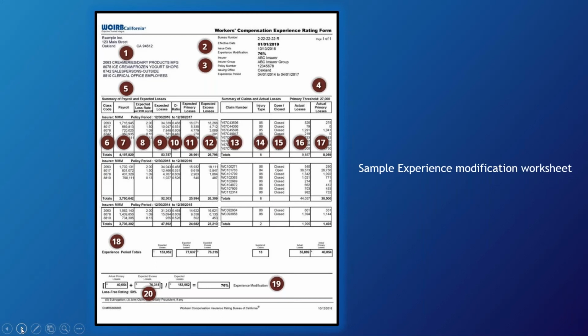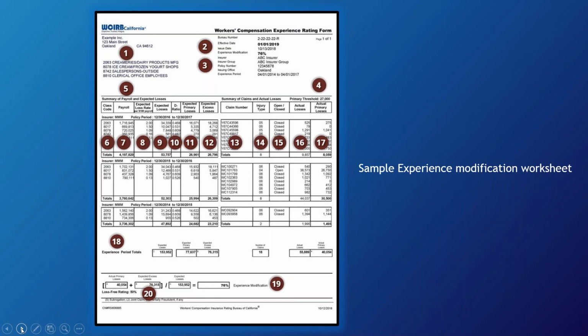So let's keep going. This is one thing you guys have probably seen. It's a sample of the Experience Rating Form, and it's published each year for each insured that qualifies for an Ex Mod. A couple of things: it provides the details about classification codes assigned, the payroll reported for each of the classifications, summaries of the claims, and at the bottom you're going to see the experience modification.